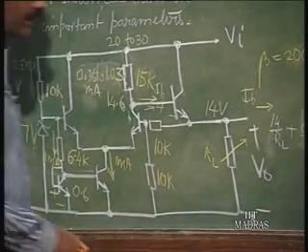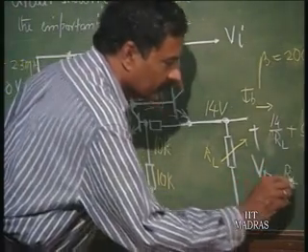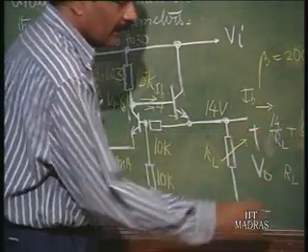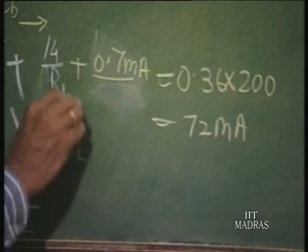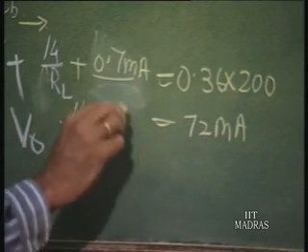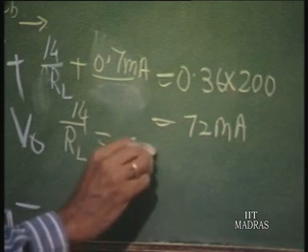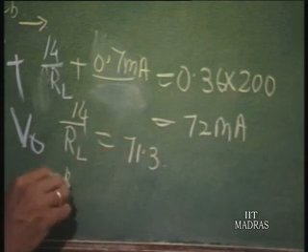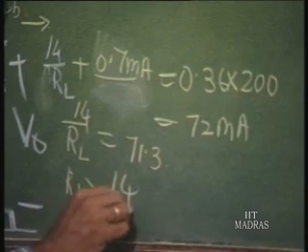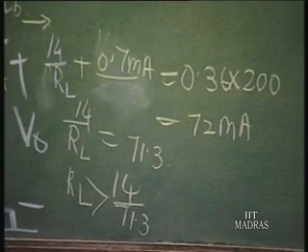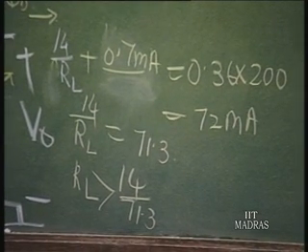So, you can now see that RL should be greater than some value, because you can now find out 14 by RL should be equal to 72 minus 0.7, that is 71.3. So, RL should be greater than 14 by 71.3, in terms of kilo ohms.